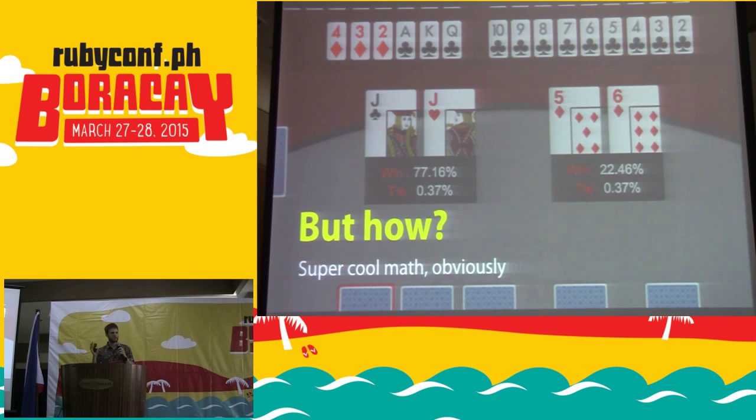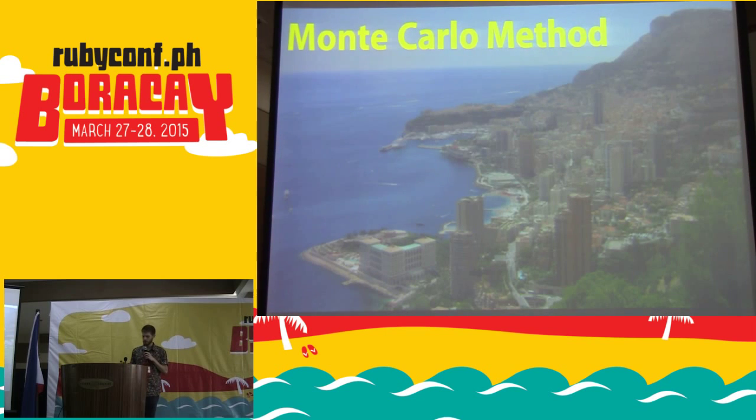So this is like the first technical topic in this talk, which is the Monte Carlo method. The Monte Carlo method is a statistical analysis method, which is used for a lot of different things, which basically means do random stuff and draw conclusions.